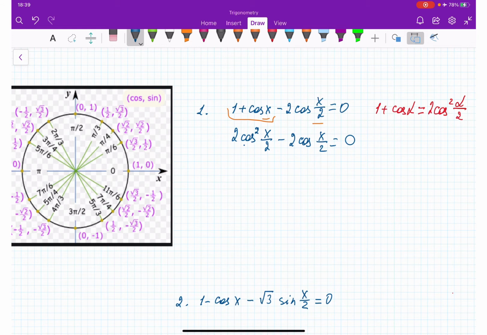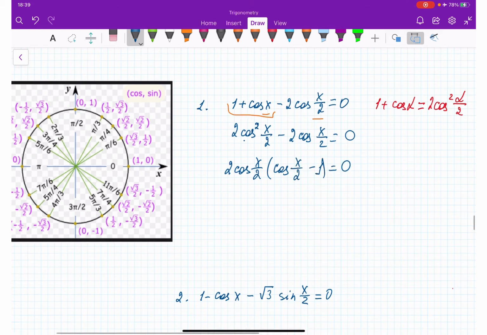Since it's an incomplete quadratic equation, we have cosine squared, and then just cosine to degree 1. So let's take a common factor out, which is going to be 2 cosine half of x. In parentheses we will have cosine half of x minus 1 equals 0.